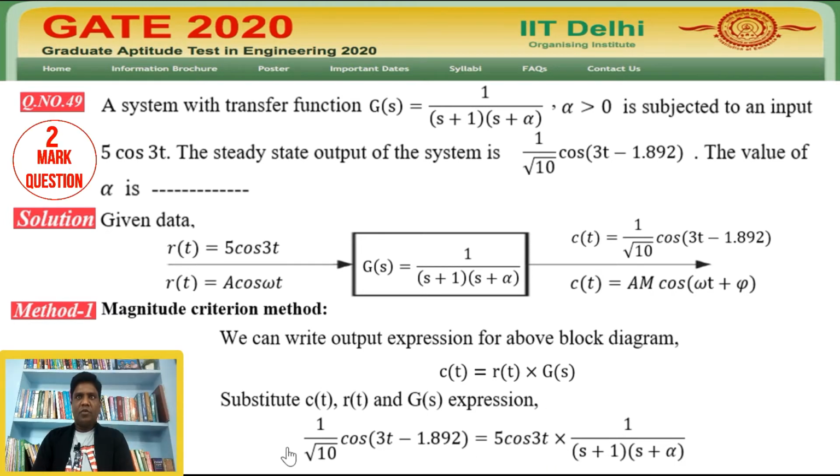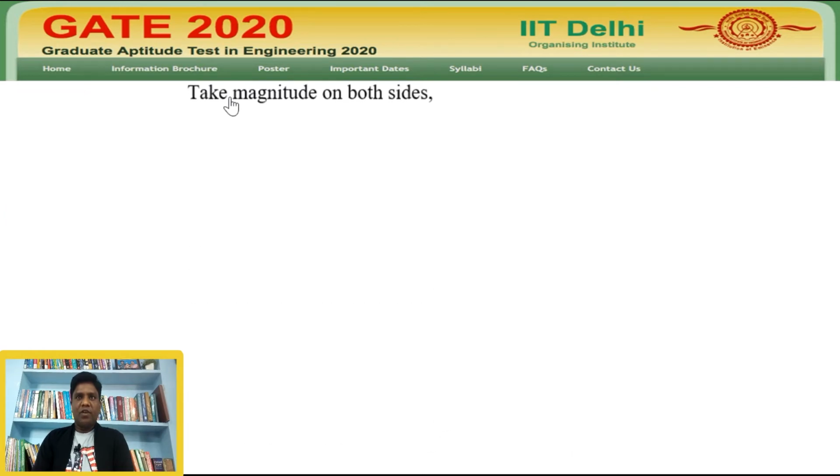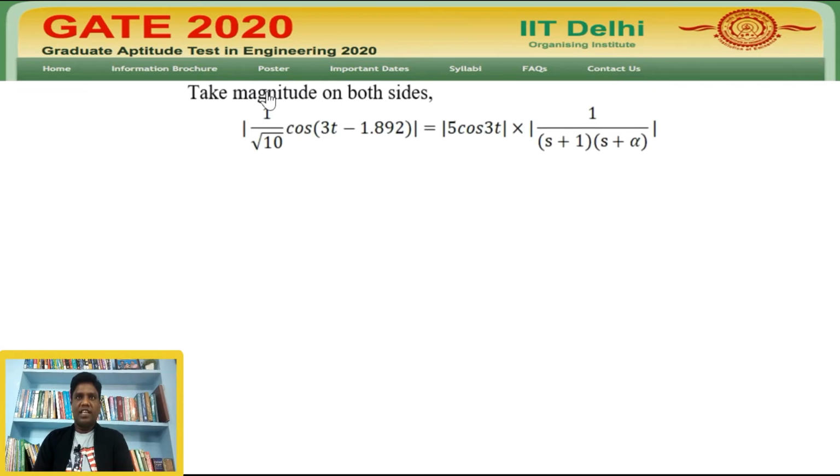For finding the magnitude of this equation, take the magnitude on both sides. Then the equation is the magnitude of 1 divided by root 10 into cos(3t minus 1.892) equal to the magnitude of 5 cos 3t into the magnitude of 1 divided by (s plus 1) into (s plus alpha).